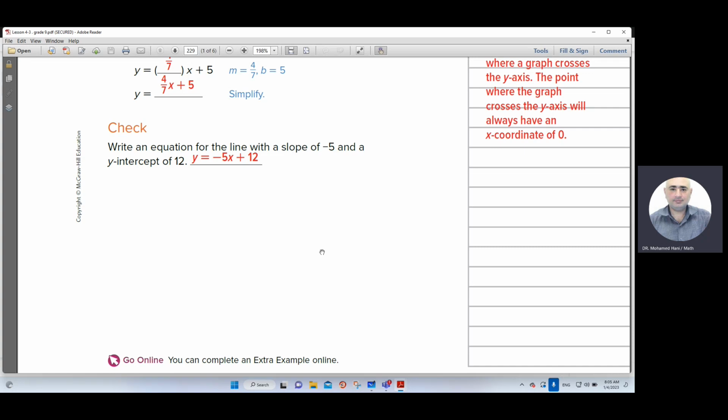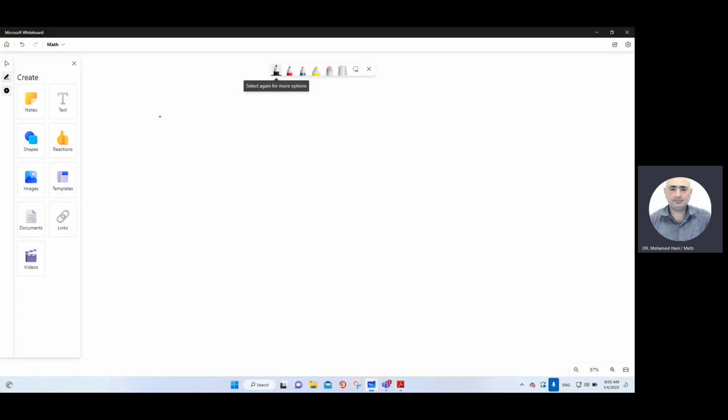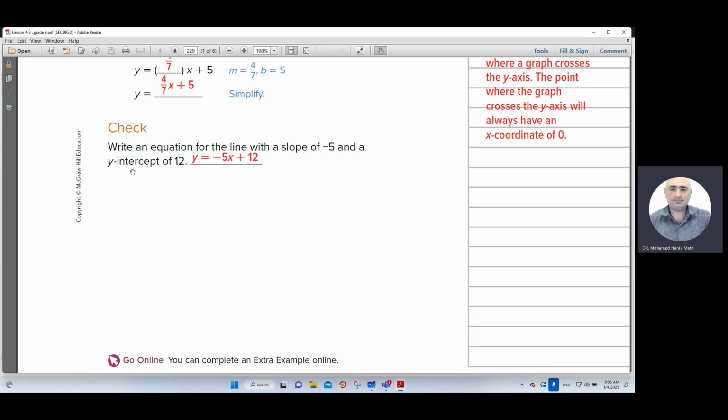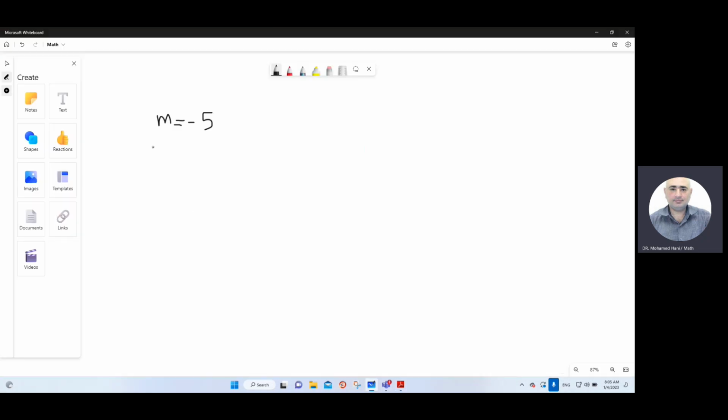We have slope -5, so m equals -5. And we have y-intercept 12, so we can write b equals 12.